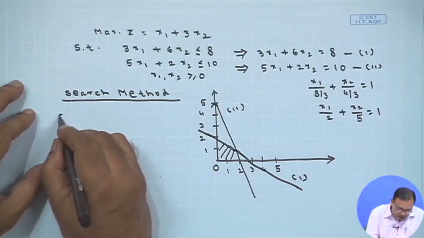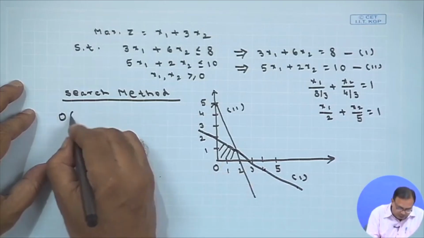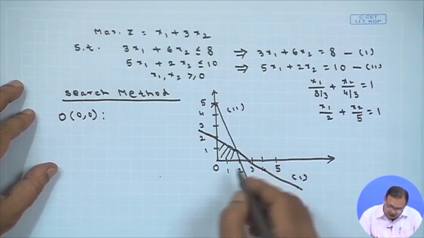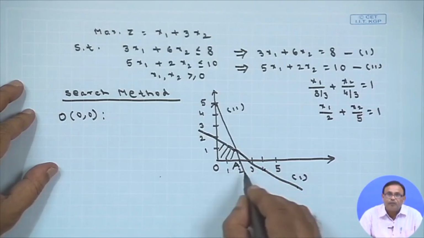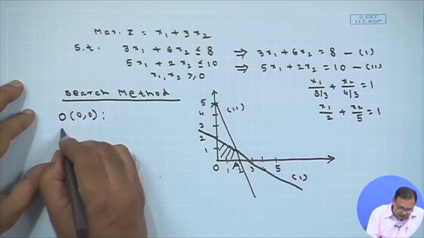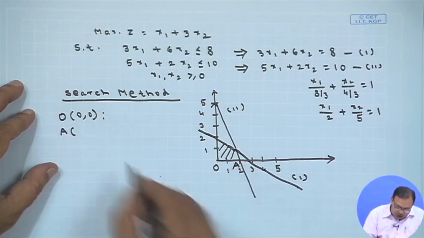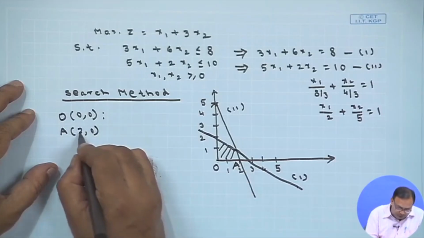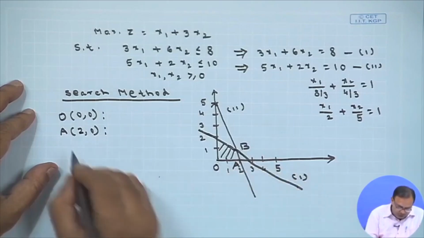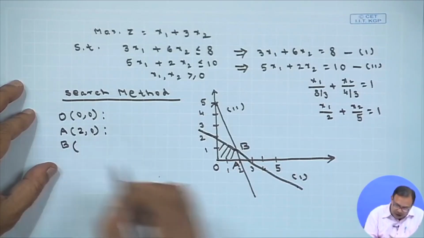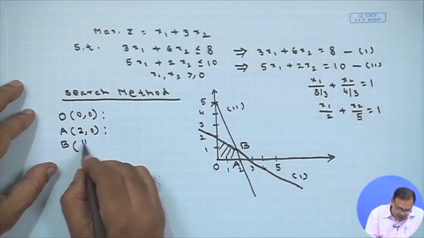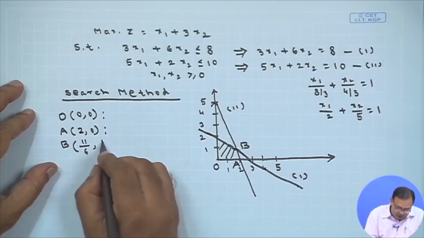One is this point, (0, 0). Second, say this is the point A, the coordinate is (2, 0), already we have done it. Then this is the point B. If you calculate by solving, you will get (11/6, 5/12).